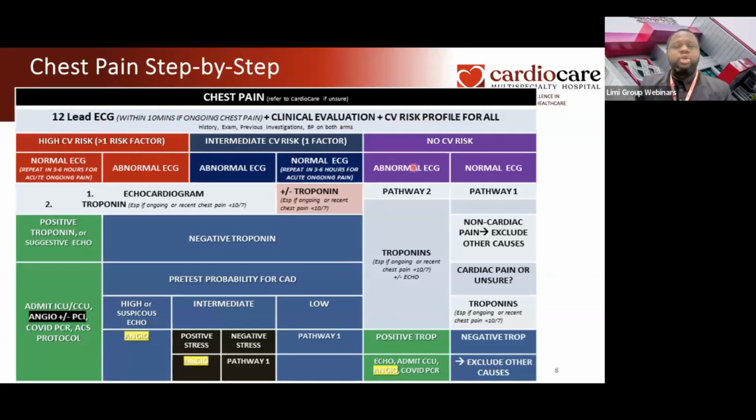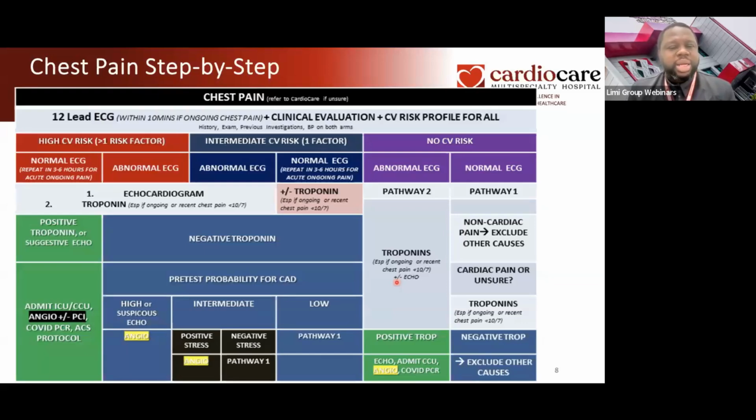In most cases, we want to add a troponin test, whether the ECG is abnormal or normal. Remember that an ECG could be normal initially in a patient with an ongoing heart attack. As much as 10 to 13% of patients are wrongly discharged from emergency rooms in the United States with a heart attack because they felt the ECGs were normal.